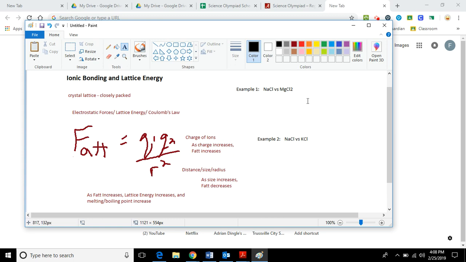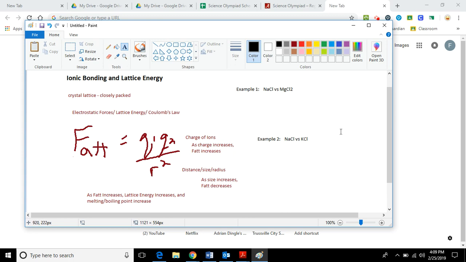So MgCl2 has a greater lattice energy than NaCl, and that is because if this charge increases, my force of attraction increases as well. And force of attraction and lattice energy have a directly proportional relationship.